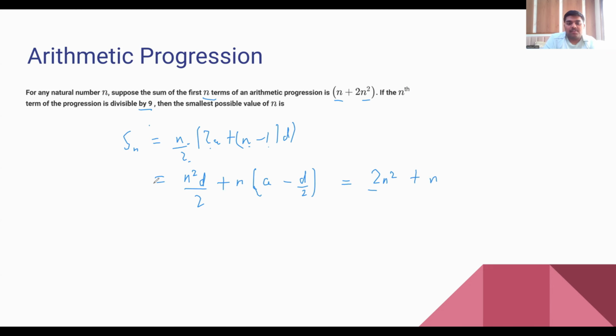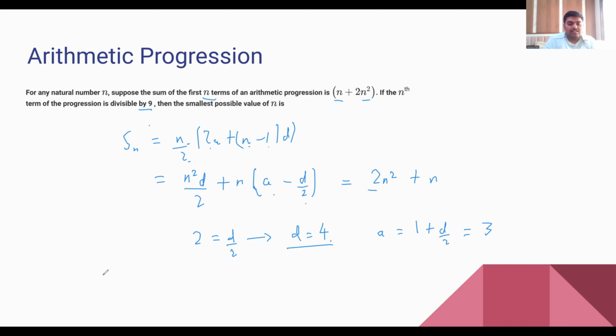Now match the coefficients. So from this we can get that 2 is equal to d by 2. This means that d is equal to 4. Now here a minus d by 2 is equal to 1. So a is equal to 1 plus d by 2, wherein d is already 4. So this is equal to 1 plus 2, which is 3.